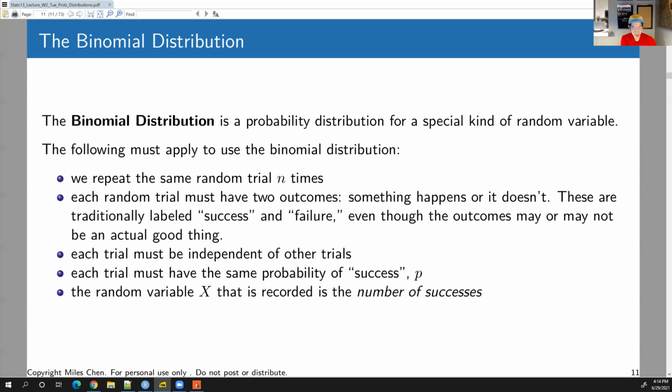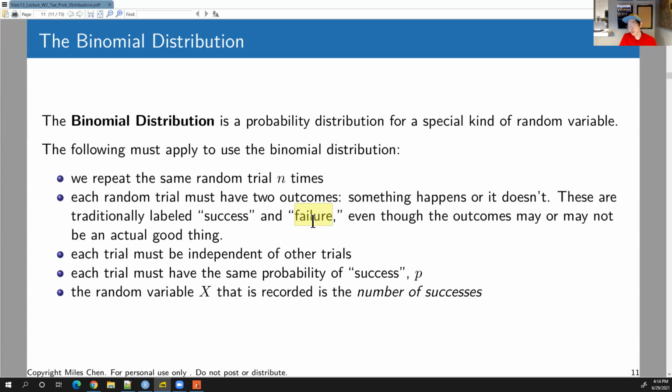So you could flip a coin and say either it lands heads or it doesn't land heads. If you want to do something like rolling a die, you've got to turn the outcome into something that either happens or doesn't. So you can say either we rolled the number 6 or we didn't, or we rolled an even number or we didn't. Now, these are traditionally labeled as success, meaning the thing happened, versus failure, as in the thing didn't happen.